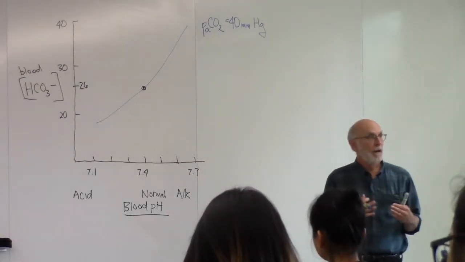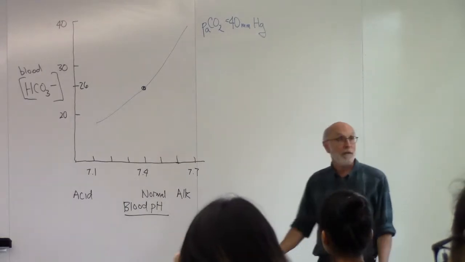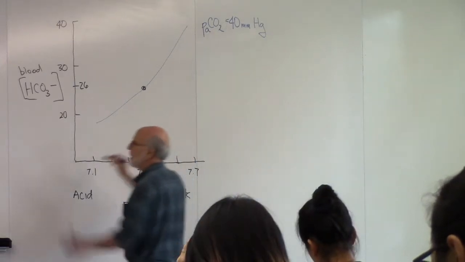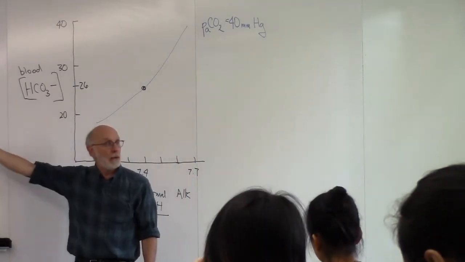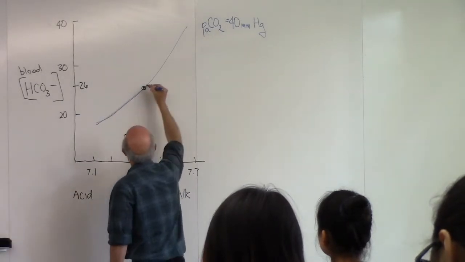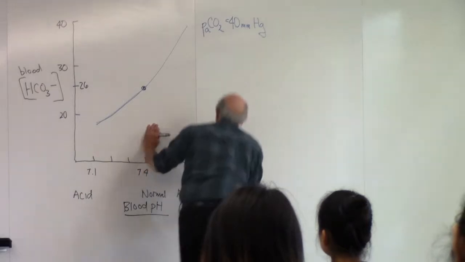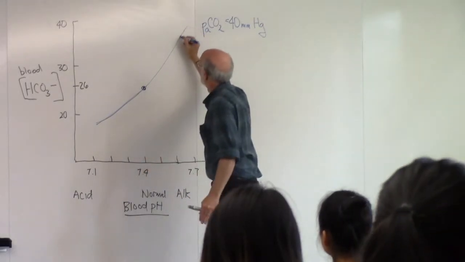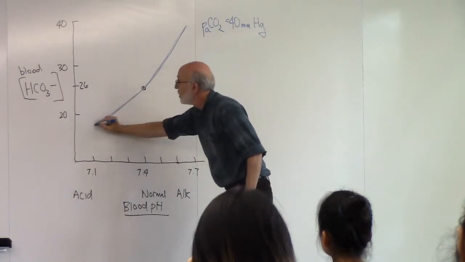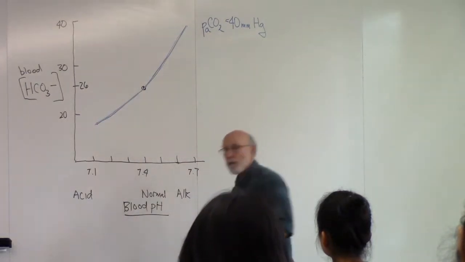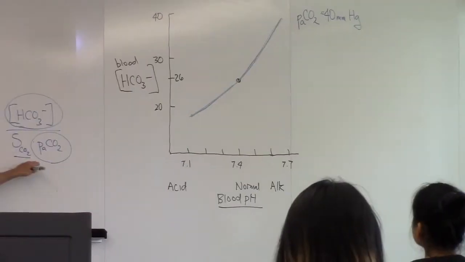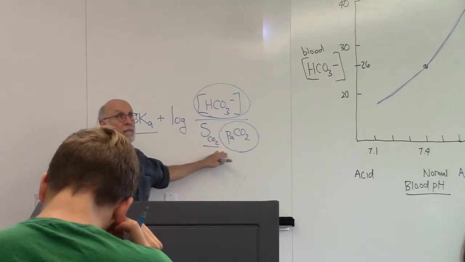So if we define the partial pressure of CO2 at 40, we are basically saying that, in order to agree with the Henderson-Hasselbalch equation, all the points have to be on this curve. All points on this curve are the representation of the Henderson-Hasselbalch equation for a PaCO2 of 40.